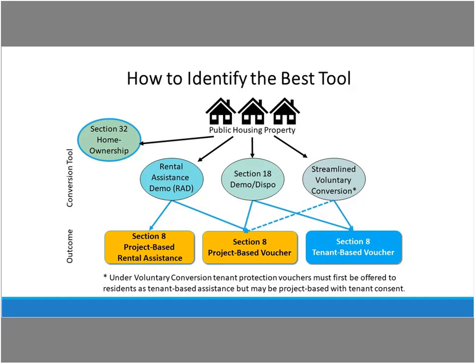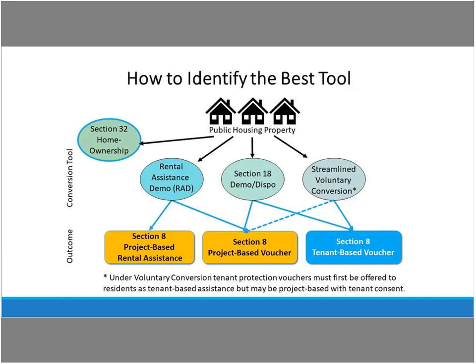So you might recall that RAD is the only repositioning tool which allows the Housing Authority to select either project-based rental assistance, PBRA, or a project-based voucher contract. And so there's a decision there for a Housing Authority to figure out which one of those two types of Section 8 do they think is best for their situation.